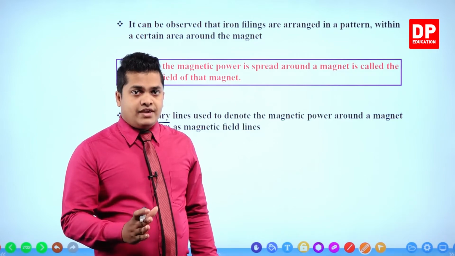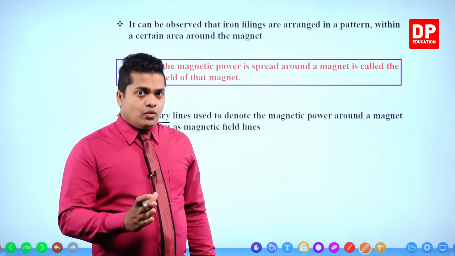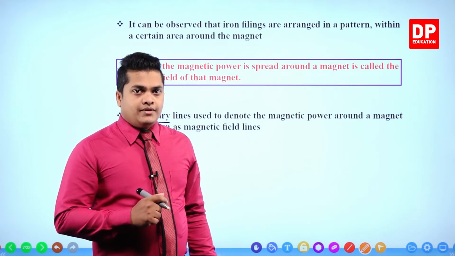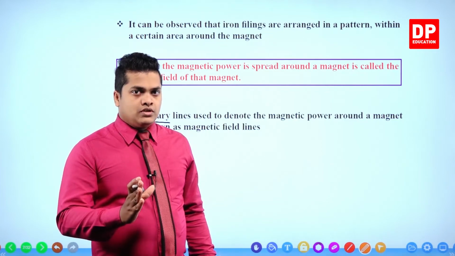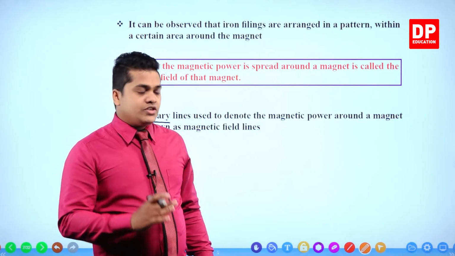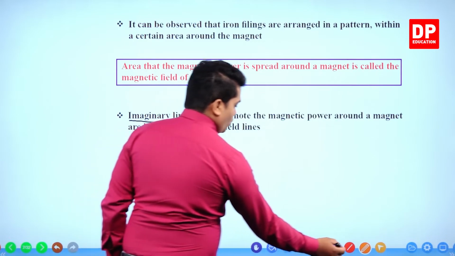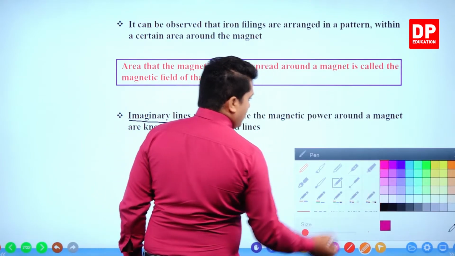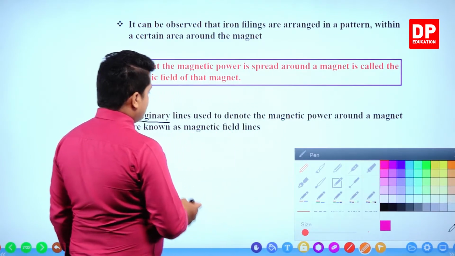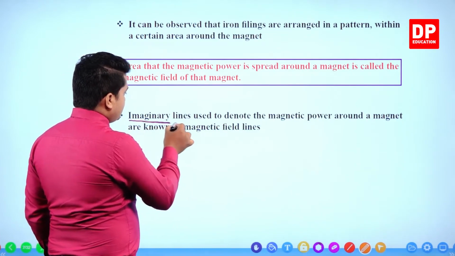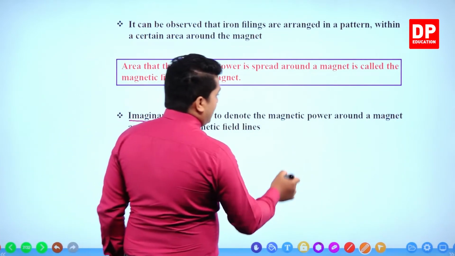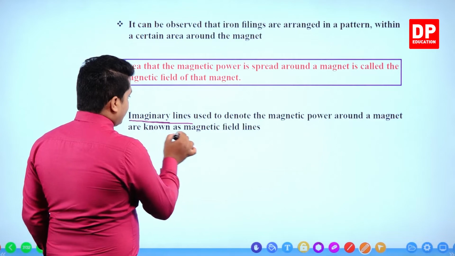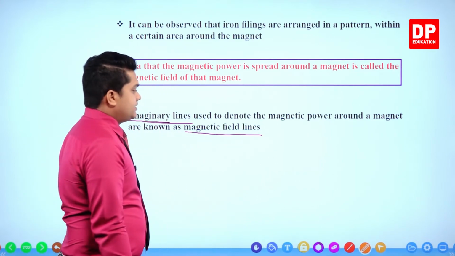In the same way, to represent the magnetic field, we use imaginary lines referred to as magnetic field lines.